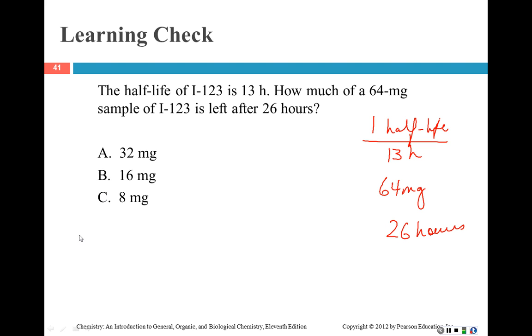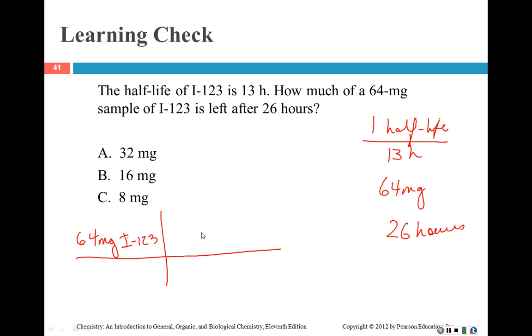Well, what you've got, what you can hold in your hand, is 64 milligrams of I-123, right? And so you've got your conversion factor that you can use.